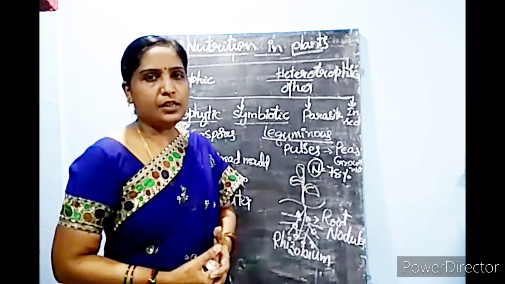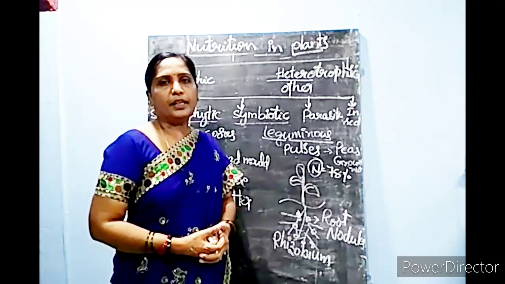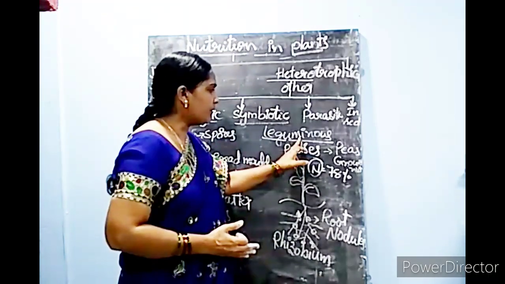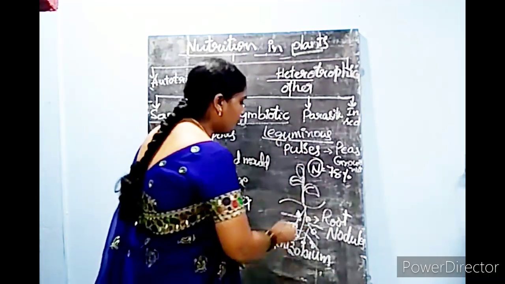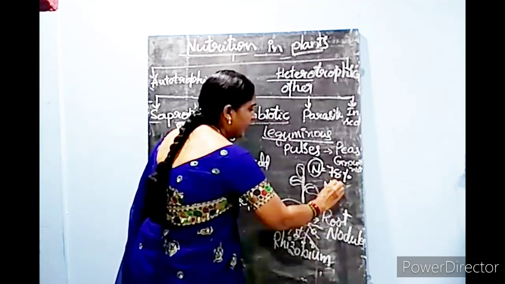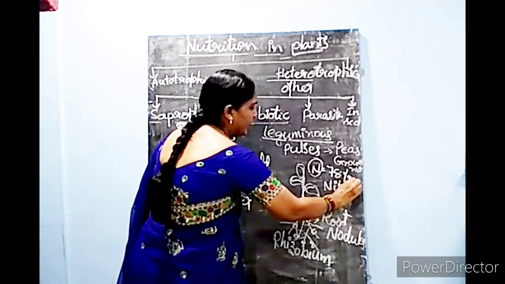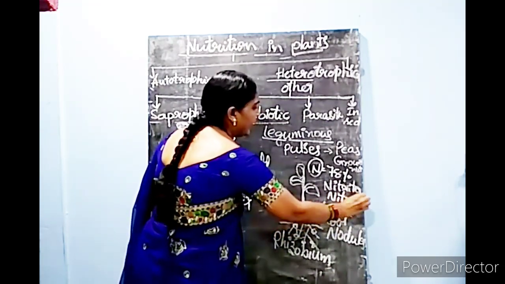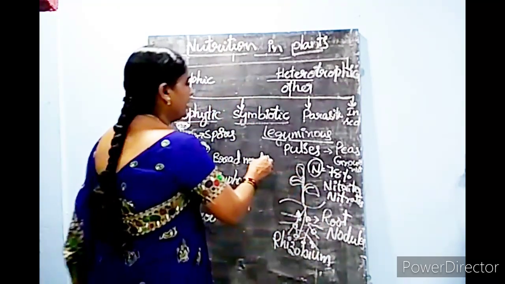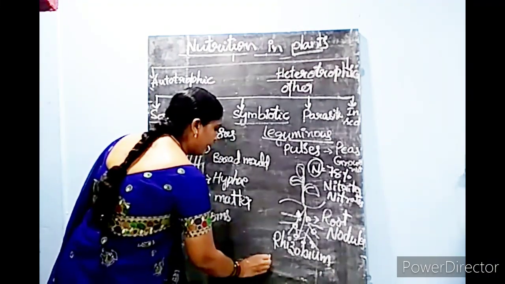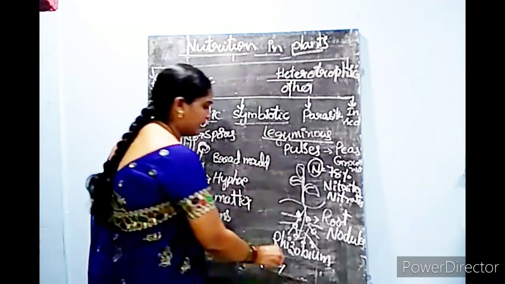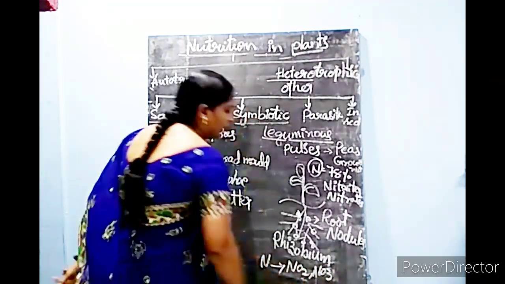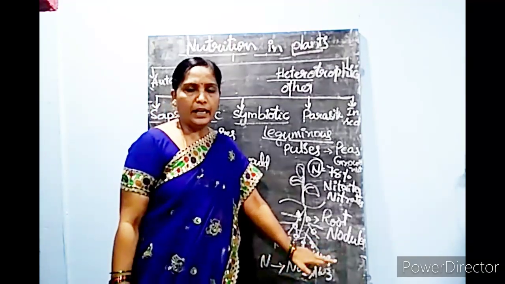So what are they doing? This Rhizobium bacteria has the capacity to convert atmospheric nitrogen into nitrites and nitrates. It can convert simple N, only N means nitrogen, into NO2 and NO3, nitrite and nitrate.